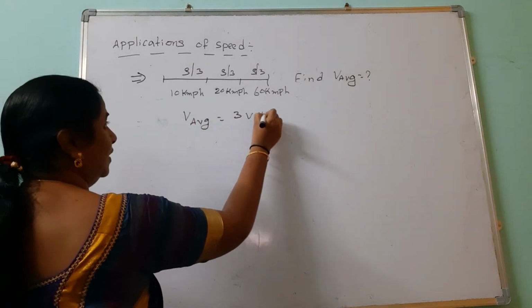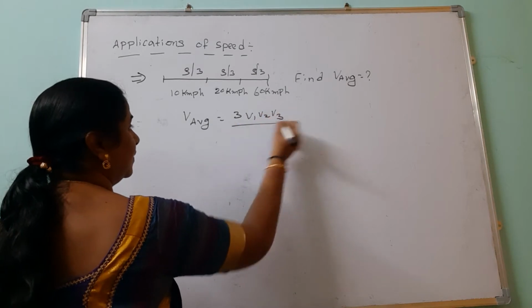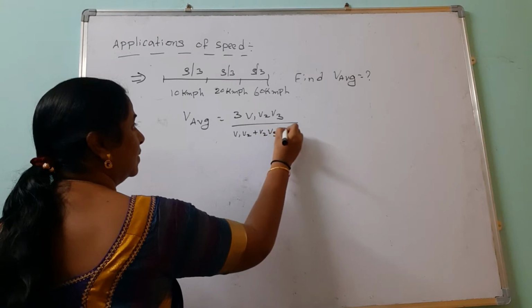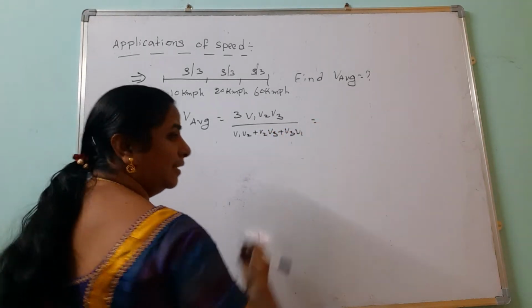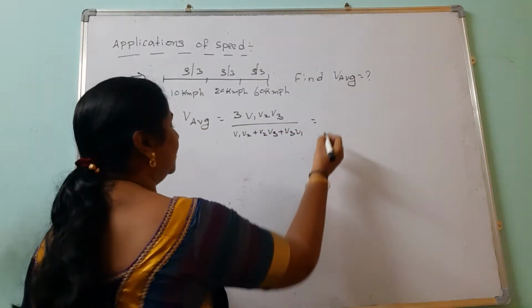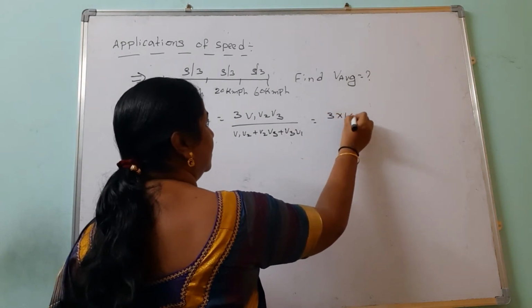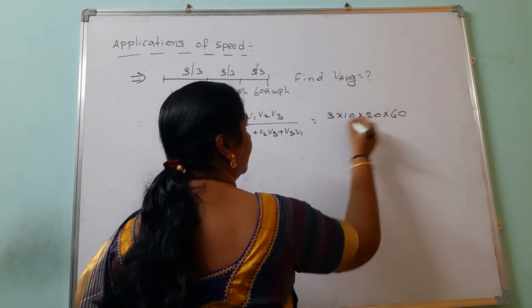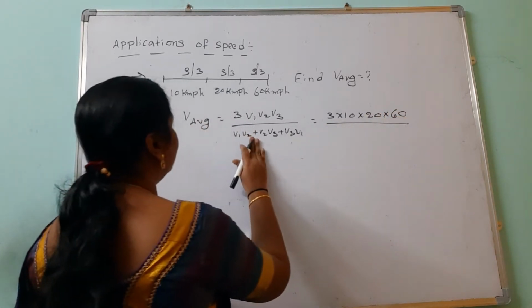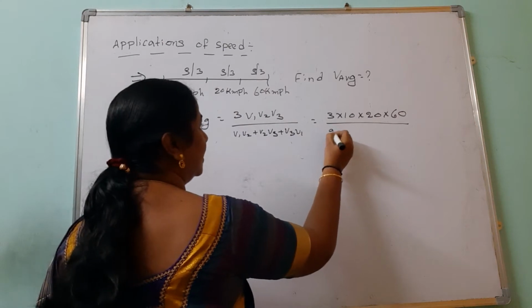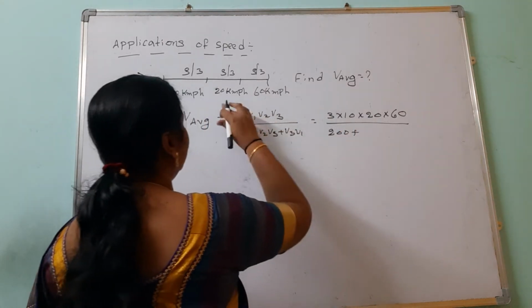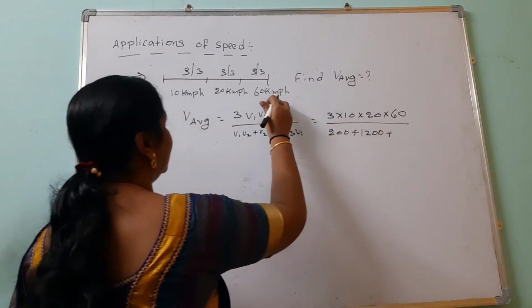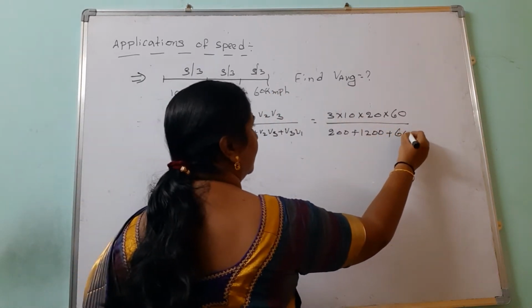Average speed equals 3v1v2v3 by v1v2 plus v2v3 plus v3v1, which equals 3 into 10 into 20 into 60 by (v1v2) 200 plus (v2v3) 1200 plus (v3v1) 600.